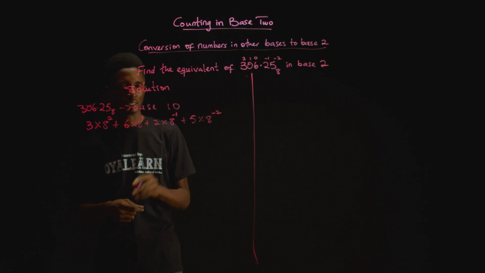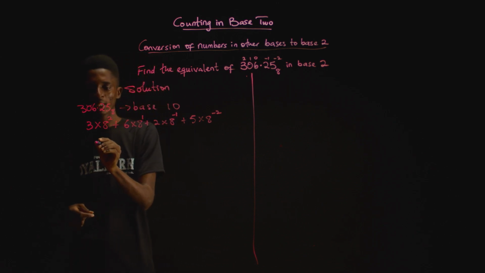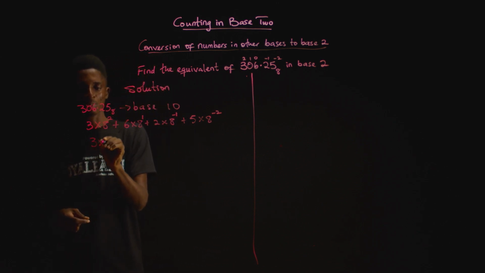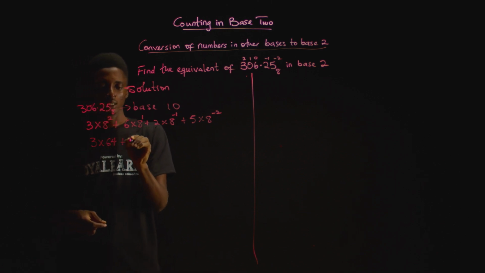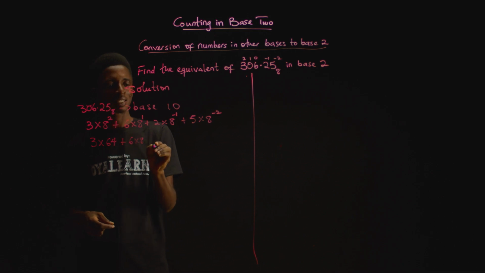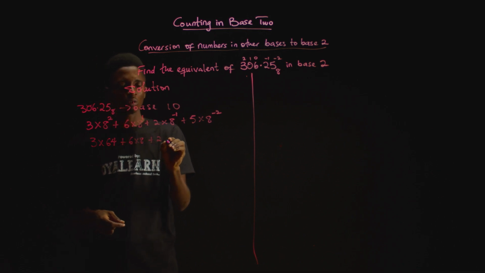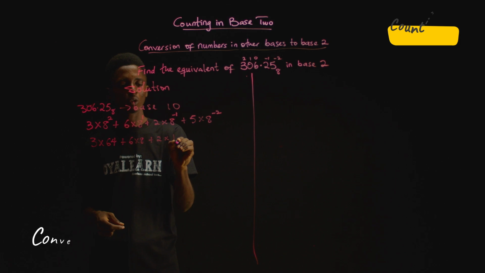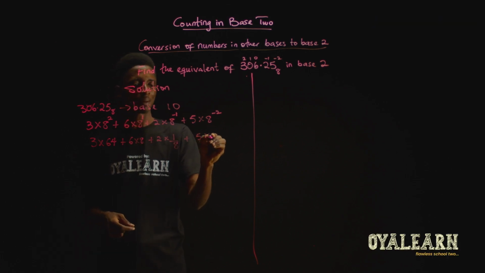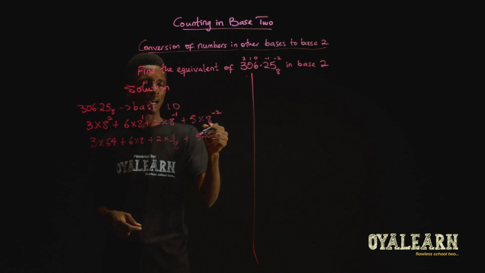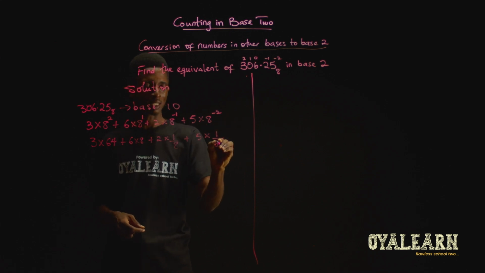Now let's solve this. We will then have 3 multiplied by 64 plus 6 multiplied by 8 plus 2 multiplied by 1 over 8 plus 5 multiplied by 1 over 8 squared, which is 64.